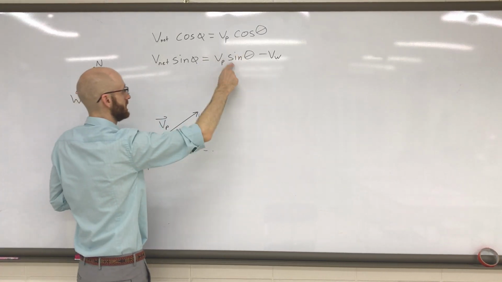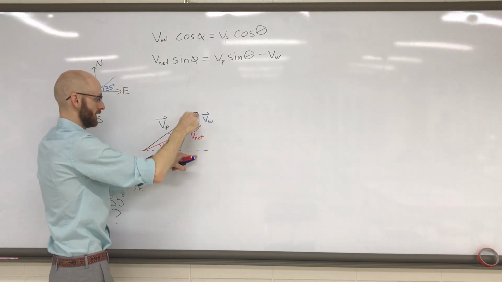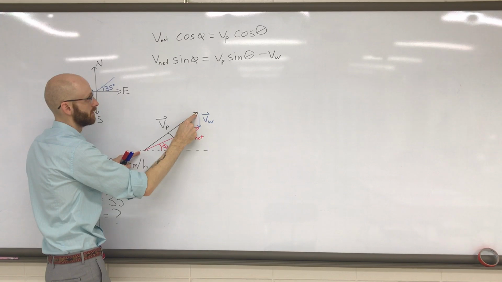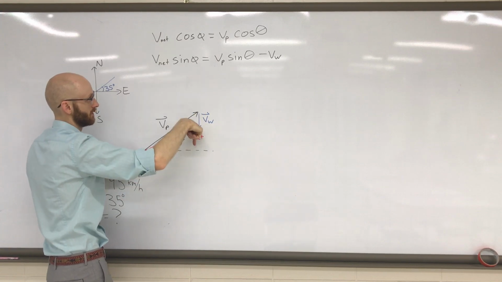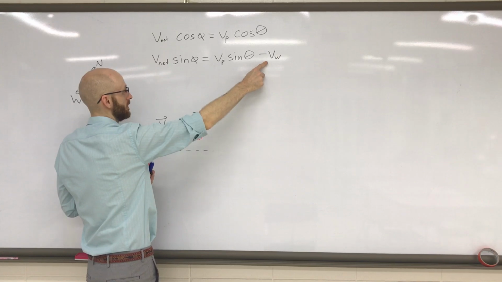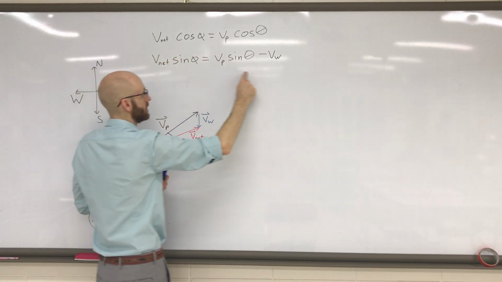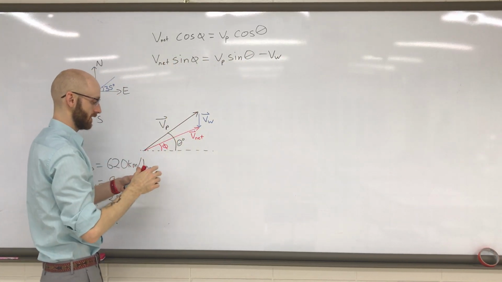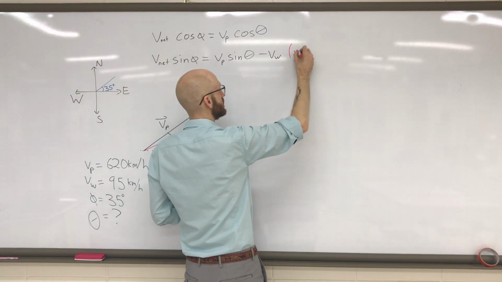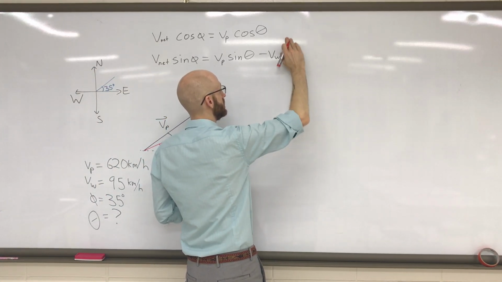But in the y direction, the vertical direction, the plane's engine gives it some velocity. So that's vp sine theta, the vertical component of this vp vector. But the wind is opposing it, so we have to subtract v wind. So this equation describes the motion in the y direction of the plane combined with the wind.